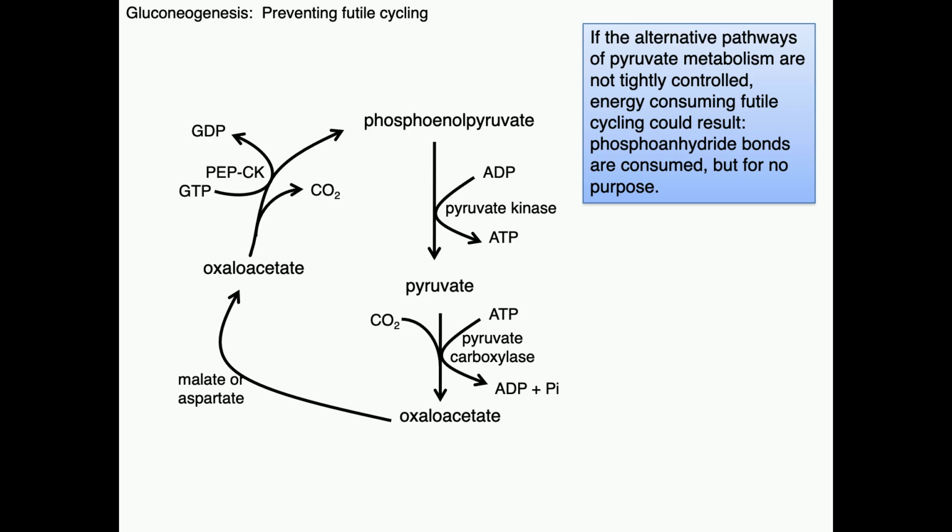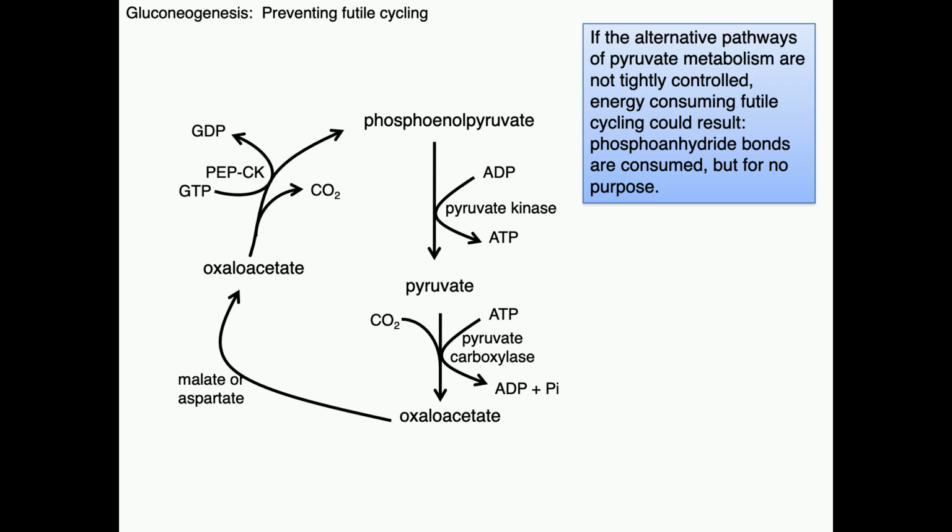Okay, I'm just going to introduce one concept, and I think you've maybe heard me mention futile cycling once or twice before. Futile cycling refers to having a catabolic and a corresponding anabolic pathway active at the same time. So let's consider if you had gluconeogenesis happening at the same time you had glycolysis happening. You have phosphoenolpyruvate.